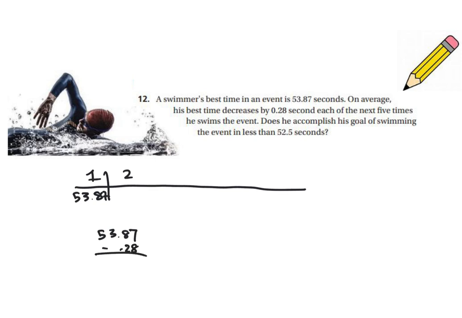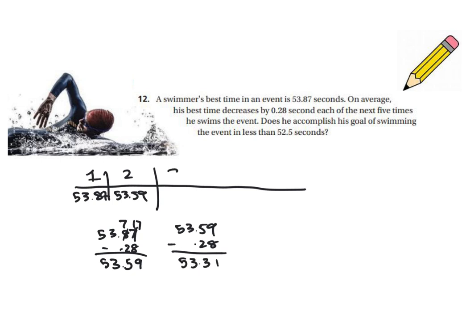And that'll give us his time for the second race. So 17 minus 8 is 9. So 53.59. Then we'll take 53.59 and take away 0.28. And we get 53.31 seconds after his third race.